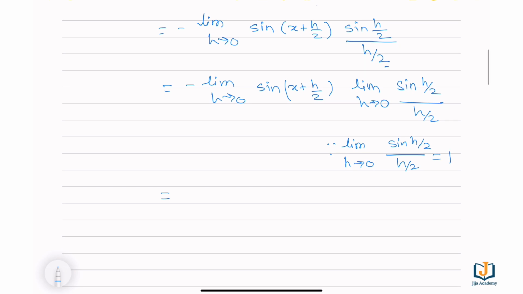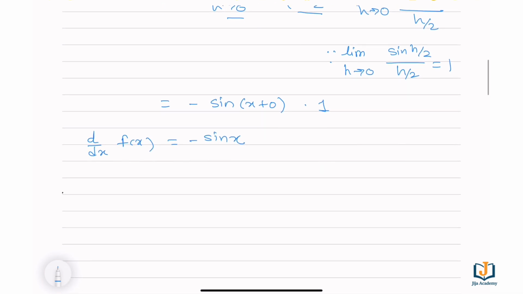So we are putting the limit here, so we get minus sin x plus 0 into 1. So minus sin x. So differentiation of f of x is equal to minus sin x, means differentiation of cos x is equal to minus sin x is proved.